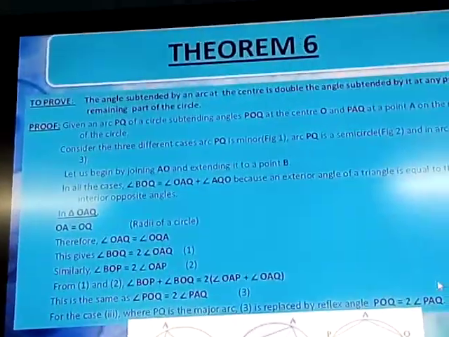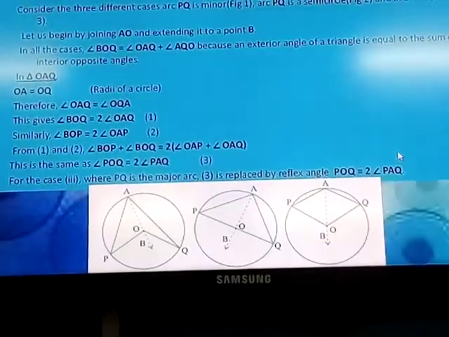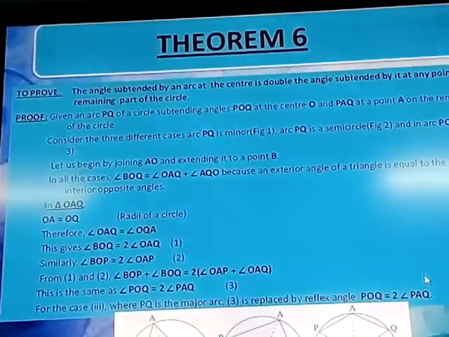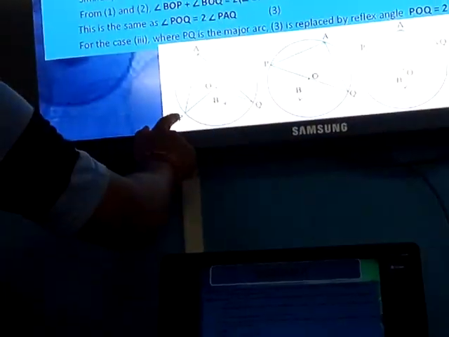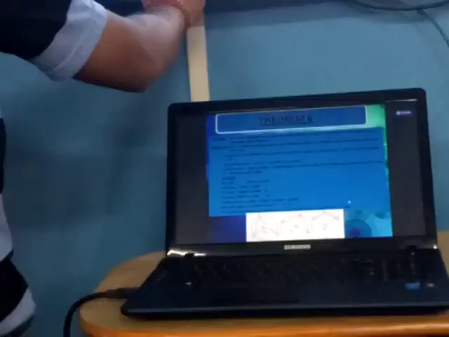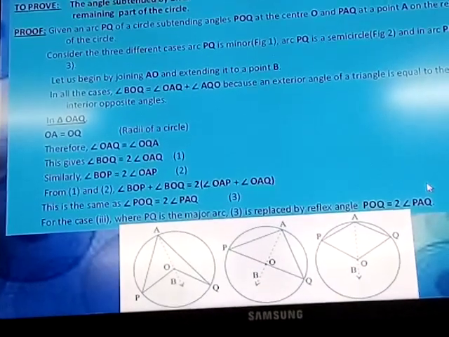There are three formats of the same circle. We should prove that angle POQ is double of PAQ, or angle PAQ is half of angle POQ.